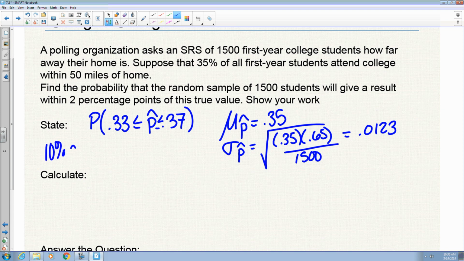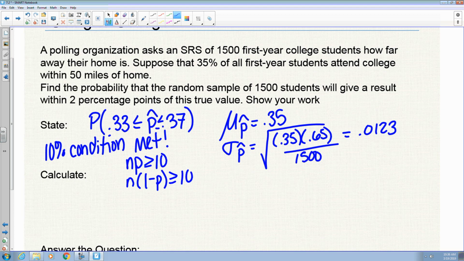For the 10% condition: are there more than 10 times the sample size of college students? Yes. And for large counts, np has to be at least 10 and n times 1 minus p has to be at least 10. That's also met because our sample size is so large that they're definitely going to be larger than 10.